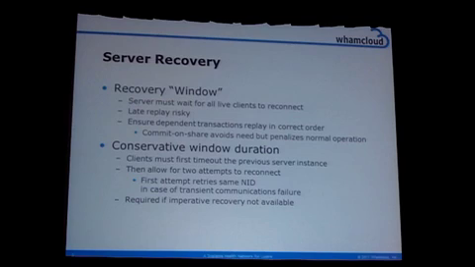So it means you must give clients a chance to reconnect and participate in recovery. Now, when the only way that you have of notifying clients that they must reconnect to a restarted or a failed over server is the RPC timeout, then the recovery window has to be very long.